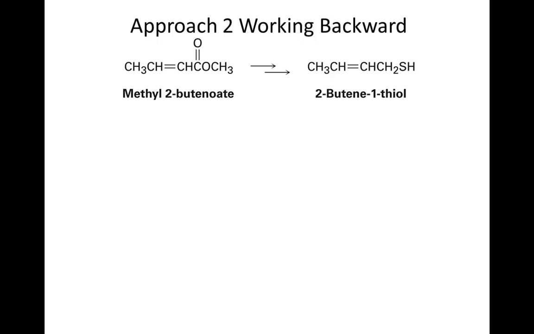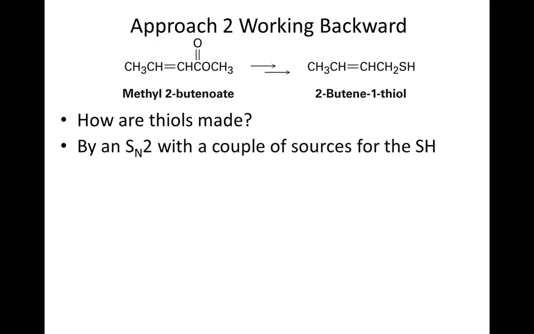So what do we know about how to make thiols? Well, so far we only know that we can do SN2 reactions, and we can do those SN2 reactions on molecules that have an uncrowded carbon and a leaving group. And so we've got that situation here.